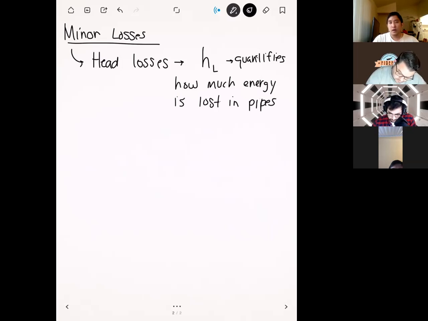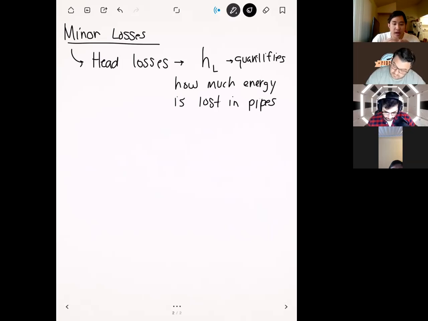Whenever you have water or any fluid that's flowing through a pipe, as the fluid goes throughout the pipe, there's going to be some energy losses. The reason for the energy losses is mostly chalked up to viscosity, right? Remember, viscosity is almost like the friction of fluid mechanics.